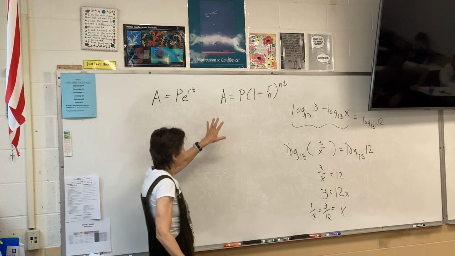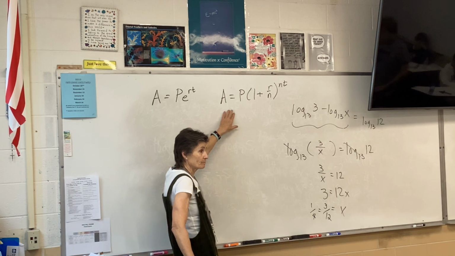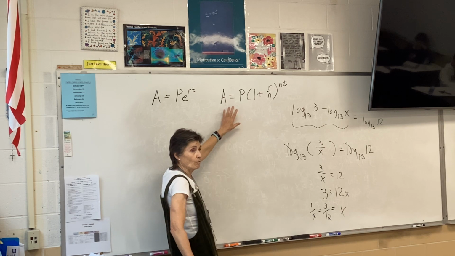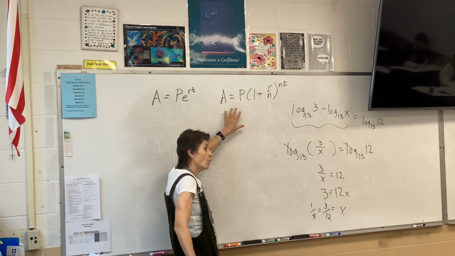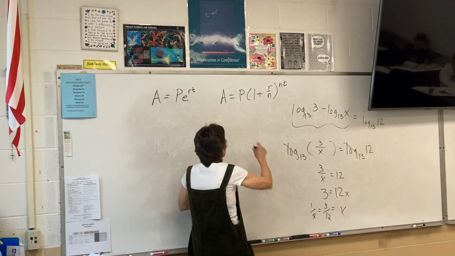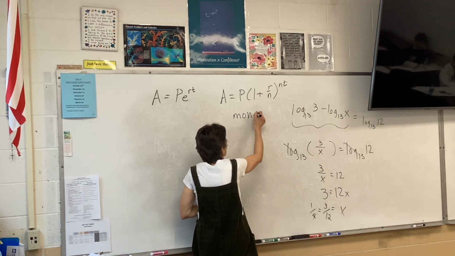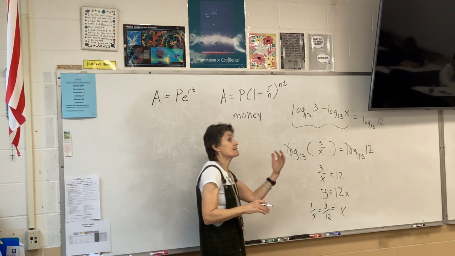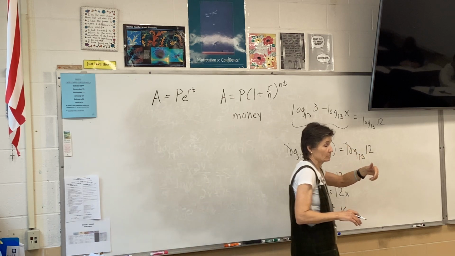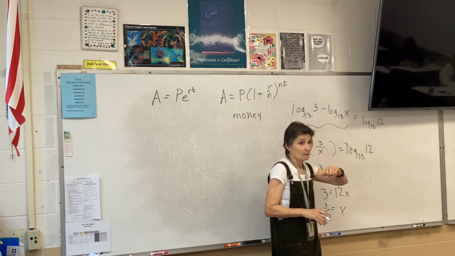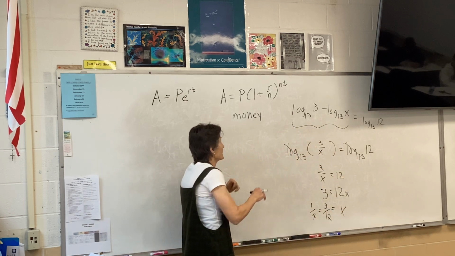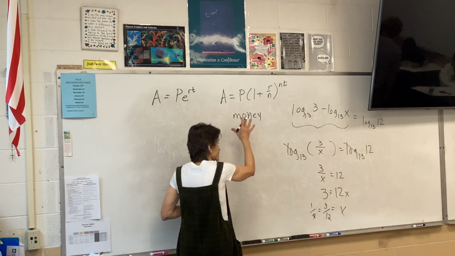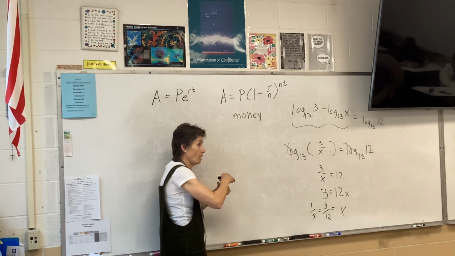I'm going to start by explaining this one. This formula is only used in money problems. So in other words, we're going to be talking about saving money for the future. Only use this formula in a money problem.